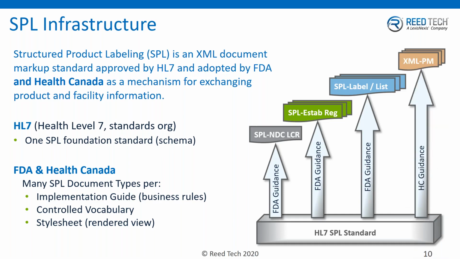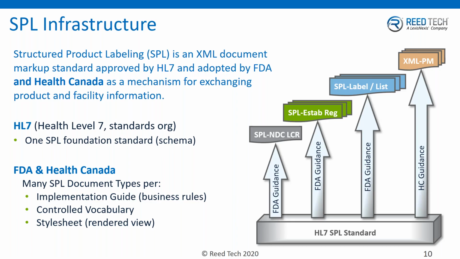And in fact, Health Canada uses that very same baseline schema, that standard, but they have their own set of implementation guides about what values need to flow into the various fields, what the structure is and how they fit together. And Health Canada also created their own style sheet. So what you see from a Health Canada product is significantly different than what you would see from an FDA style sheet.